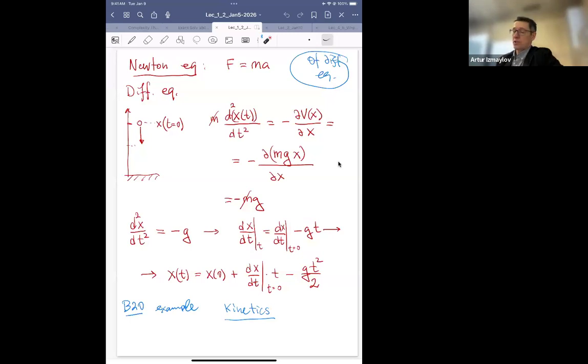If there are no questions, then we just do the integration one more time to get rid of the derivative of x with respect to t, to get to the trajectory x of t. When we do this integration, this quantity here is the velocity at time equals 0, the initial velocity.